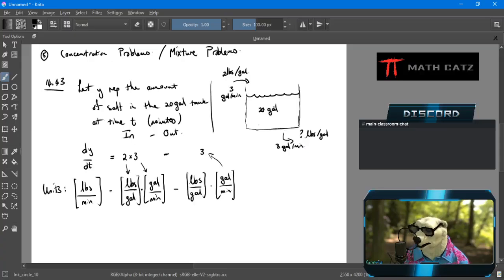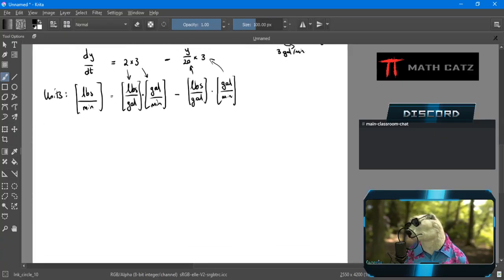Well, I have in this 20-gallon tank, I have y pounds of salt. So the per gallon amount is therefore y divided by 20. y pounds of salt in 20 gallons. So y divided by 20 is the per gallon amount of salt. So there is our differential equation.